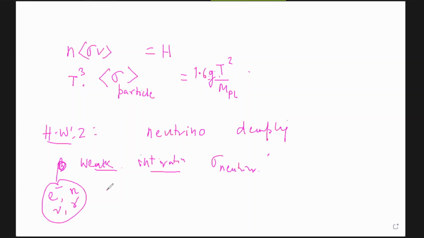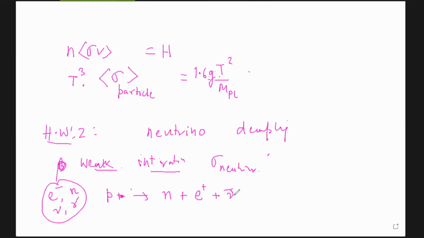Proton emitting neutron with neutrino. So tell it again: proton going to neutron plus positron, very nice, plus anti-neutrino.